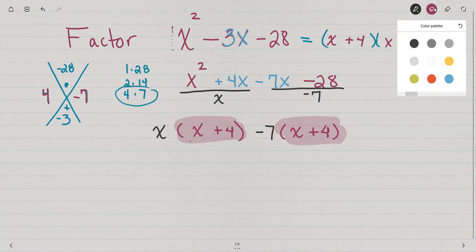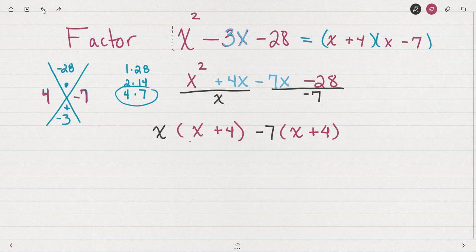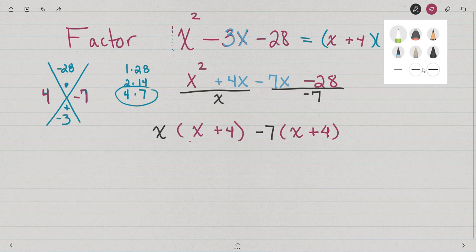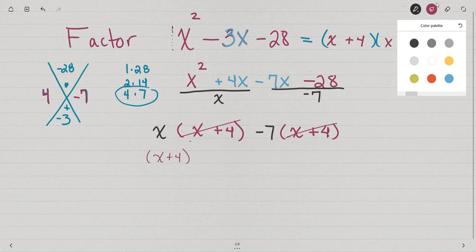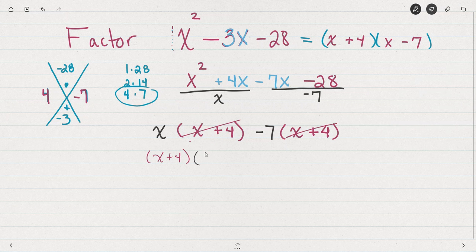Because those two match, I can pull out this x plus 4, and when I factor that out, you can see in this black ink what I have left, the x minus 7.